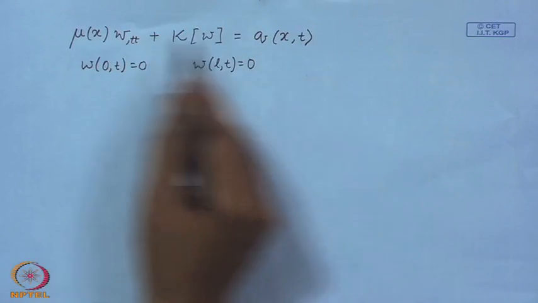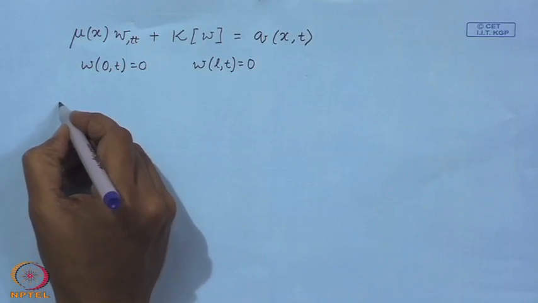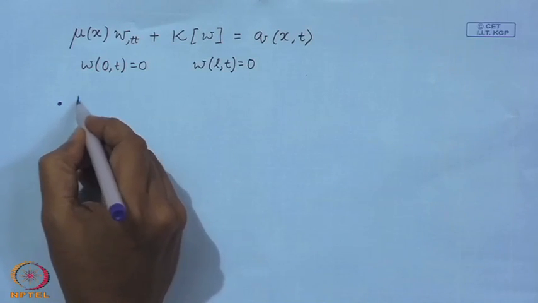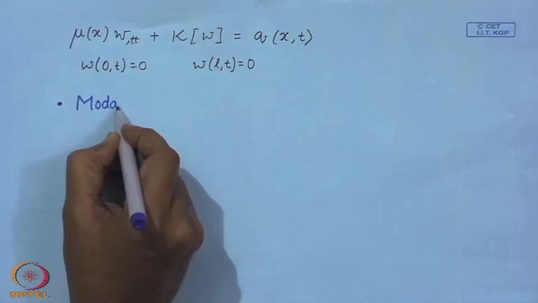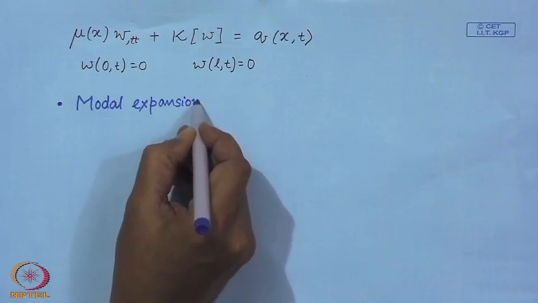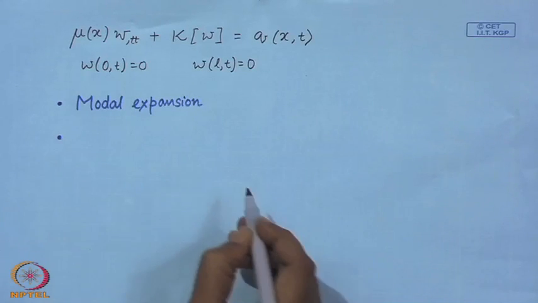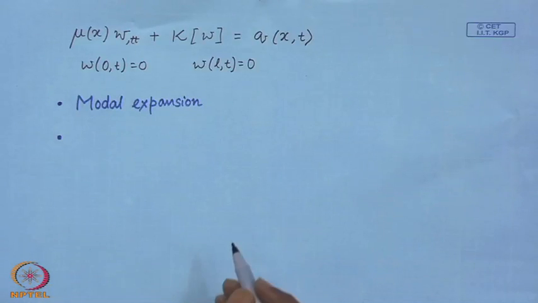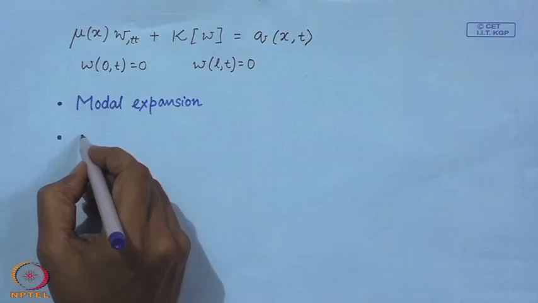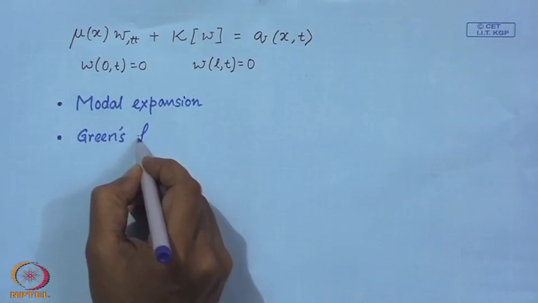Now, to approach such problems, we have various methods. What we are going to consider here today are the modal expansion method, which is what we are going to concentrate on, and towards the end we are also going to look at the Green's function method.